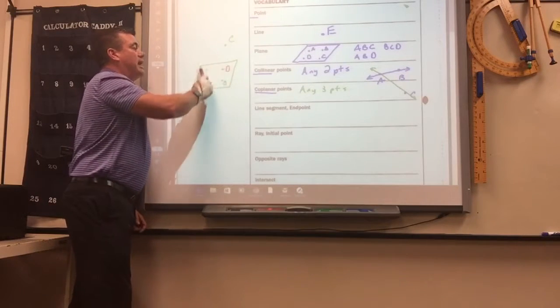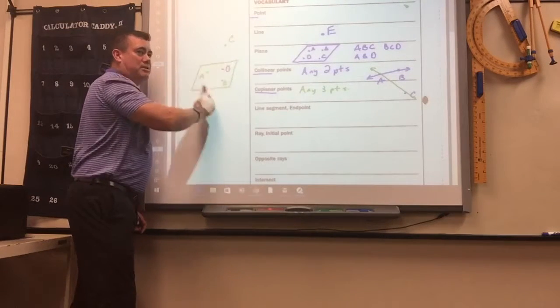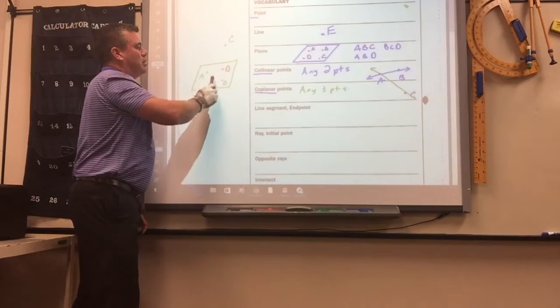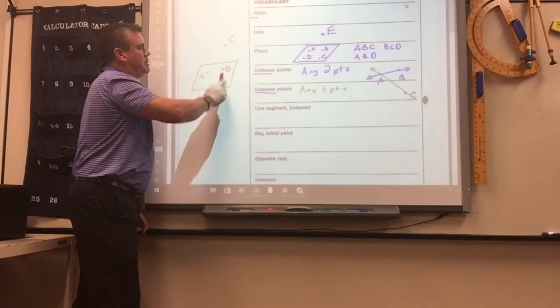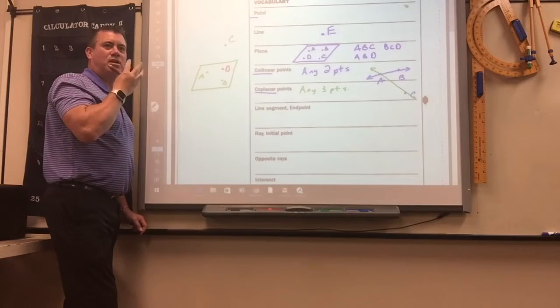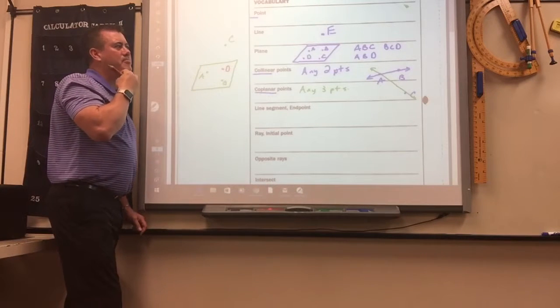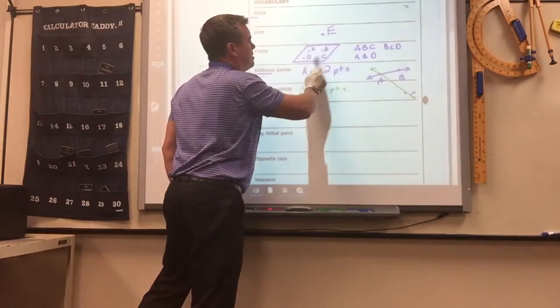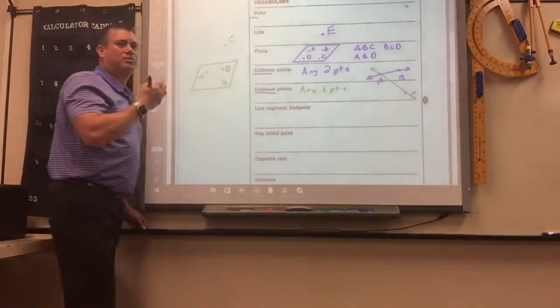It would be with any two of these, but not with these four. So ADC would be coplanar, ABC, DBC. Any three points are always coplanar. That's how the E point works too: if you do A, B, E, that would become planar. Yep, these three, or any of these two plus E, any three.